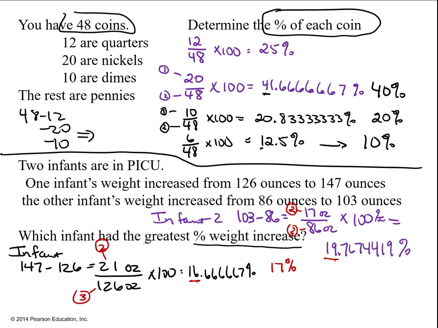So instead of 19, it'll be 20. How do I show 2 significant figures with 20? Add a decimal. If I add a decimal, the zeros at the end are now significant. So that shows 2 significant figures in my answer. And so baby number 2 actually had the greatest weight increase.